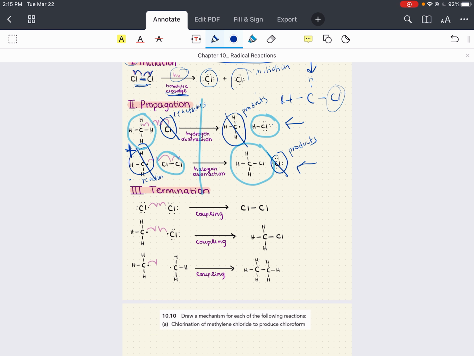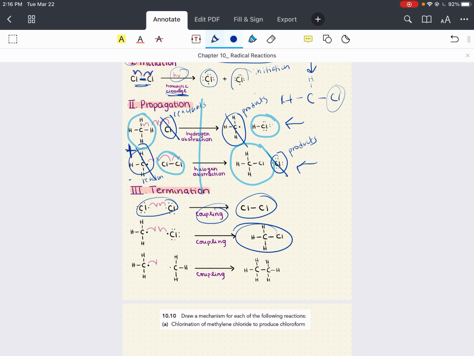Now we can move on to our last step, which is termination. This involves destroying radicals through coupling. We see in the mechanism that we destroy the 2 chlorine radicals, as they couple again. What other kinds of radicals did we have? We destroy 1 methyl radical and 1 chlorine radical to get the final product we want.